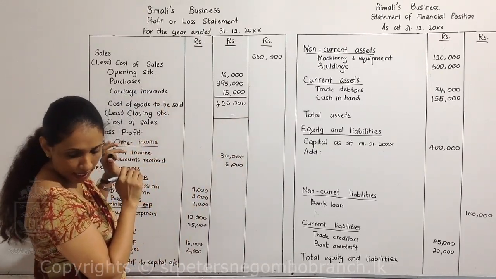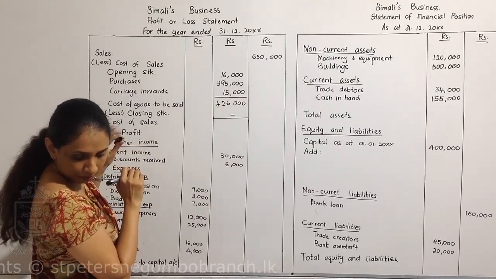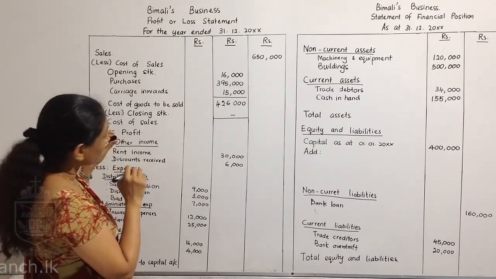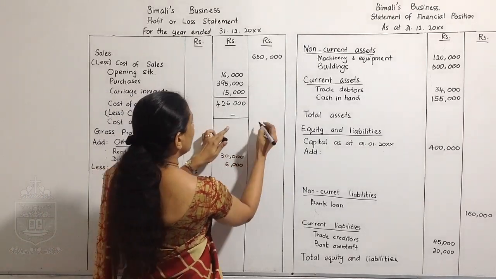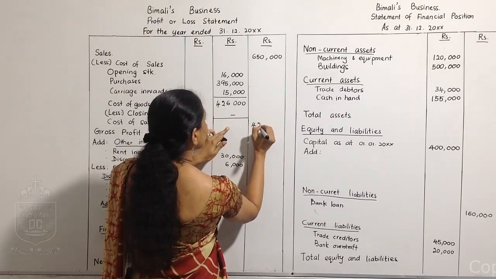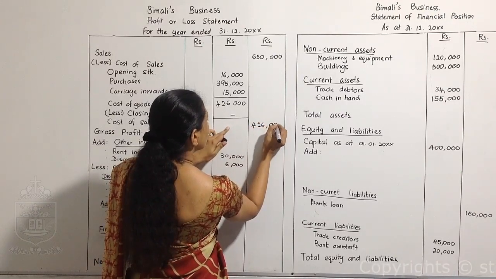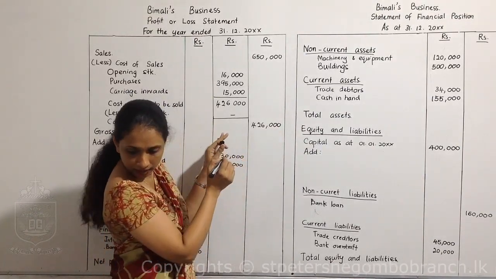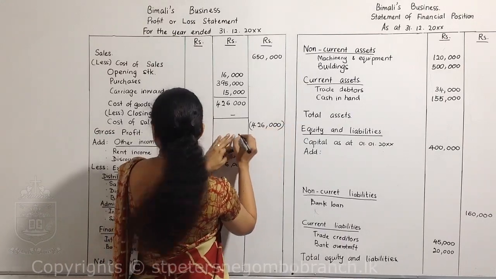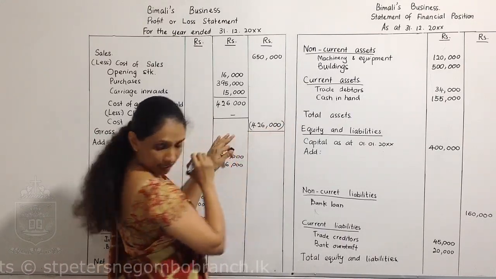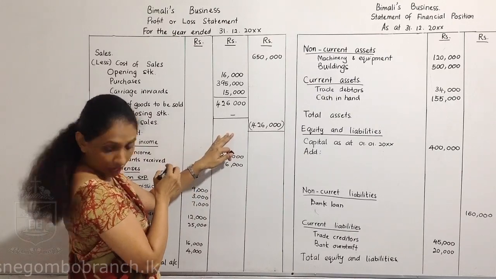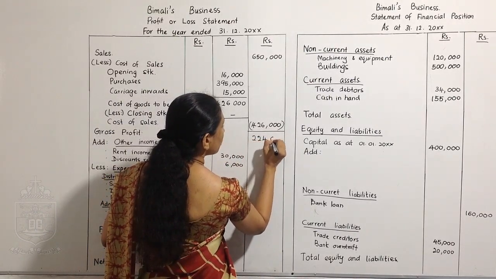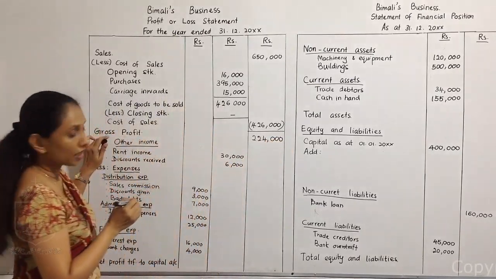So our cost of sales figure will be 426,000. So we have to deduct that from the sales figure. We will end up with 224,000 of gross profit.